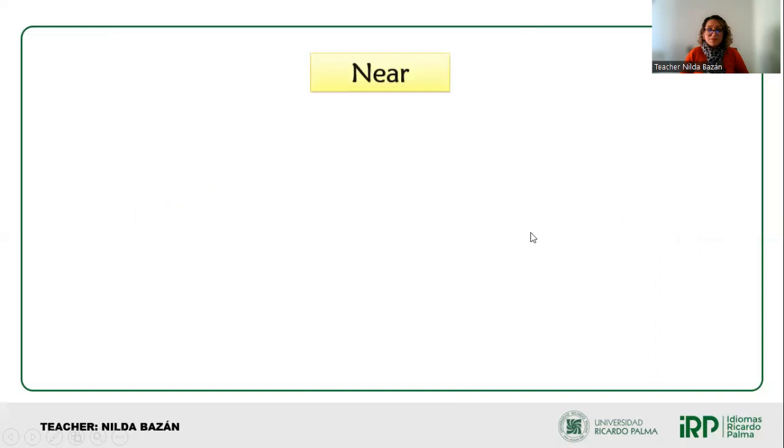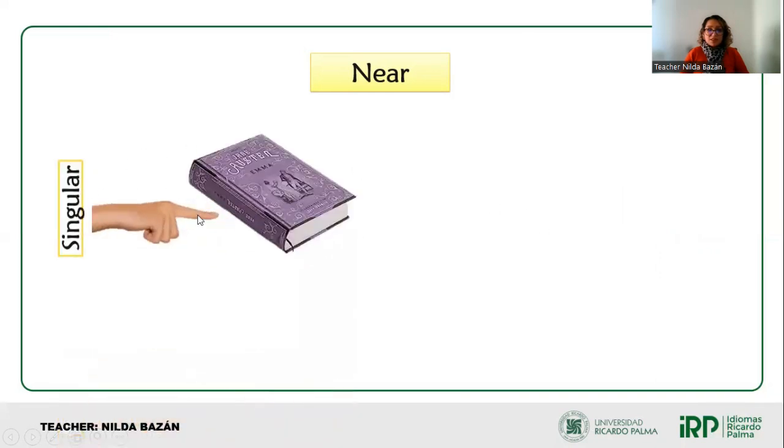Look. When something is near, but it's only one object, I mean singular, like the book, I am going to use the word this. This is a book. It's only one object and it's near, no distance.